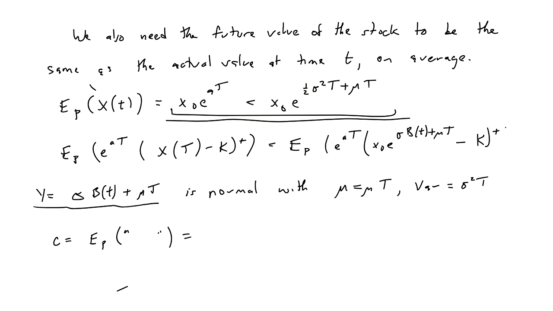So c, which is the expected value of that, well, b of t is normal, so we're going to do the same thing. We're going to multiply this thing. And I lost a negative here because present value.